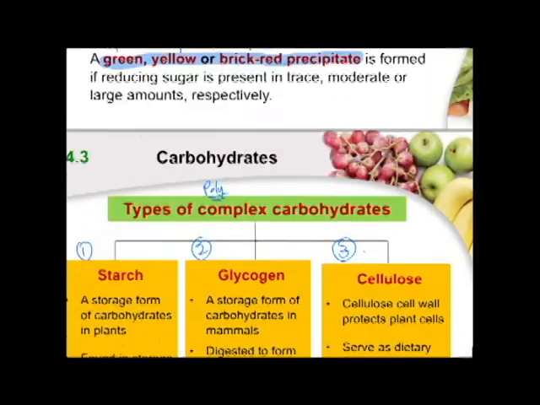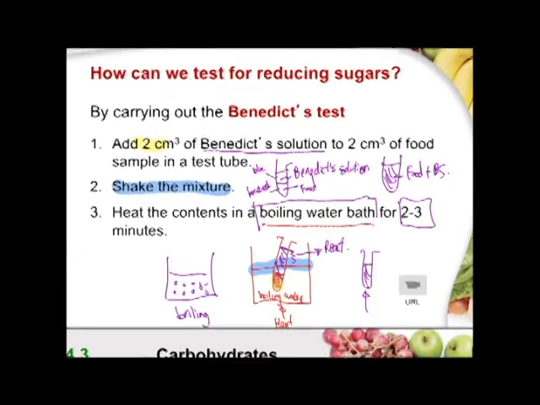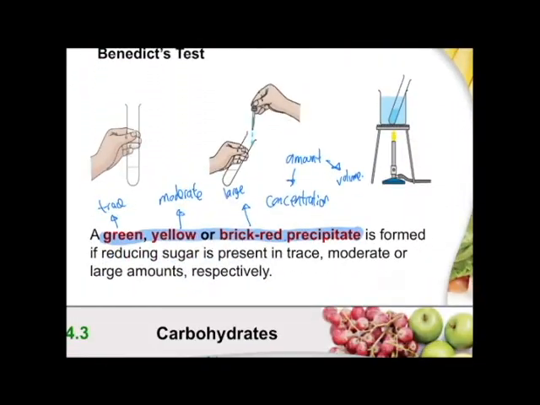You do not just say a blue-black solution is formed. Similarly, if you look at the Benedict's solution test, if reducing sugar is absent, the solution remains blue. These are some of the things, and do take note, you need to use the word PPT for here.